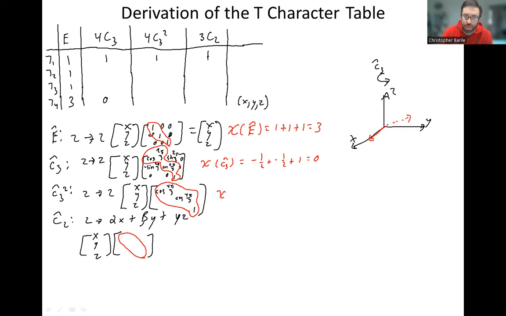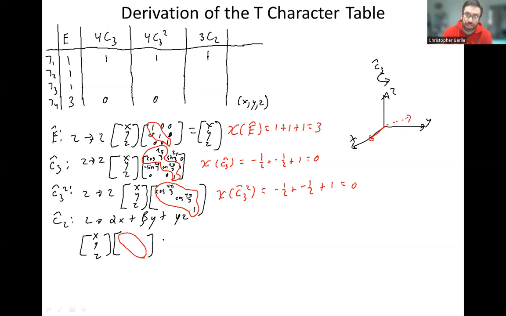So the character, chi, for the C3 twice operation is cosine 4 pi over 3 plus cosine 4 pi over 3 plus 1. Cosine 4 pi over 3, remembering your unit circle, is also negative 1/2. So you get negative 1/2 plus negative 1/2 plus 1 equals 0 again. So you get the same answer. So the character under the 4C3 twice is 0.